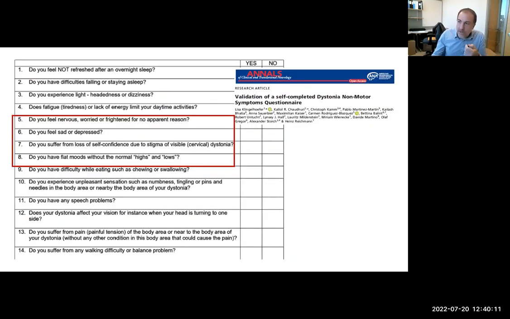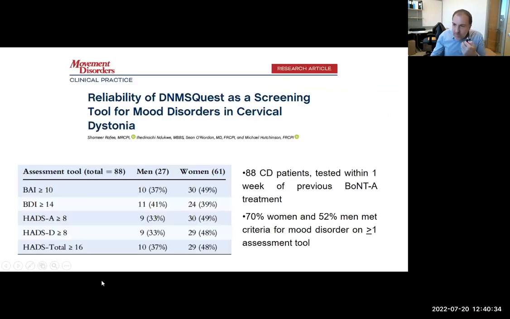There's also a self-rated dystonia non-motor symptoms questionnaire, which taps on all the most relevant non-motor symptoms in this population. And 4 of the 14 yes/no questions that this questionnaire contains are focused on depression and anxiety. There's some data measuring the reliability of this tool as a screening tool for mood disorders in cervical dystonia.